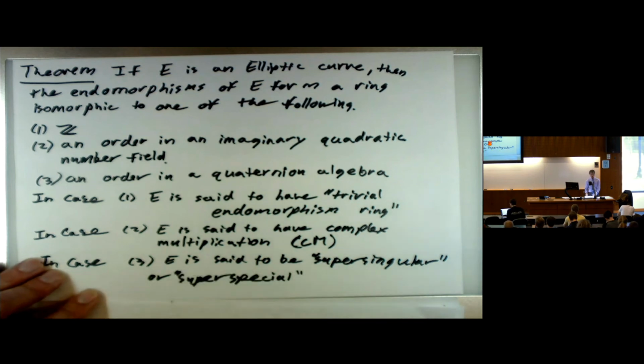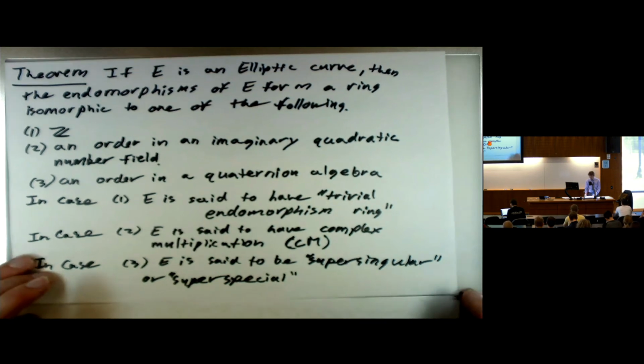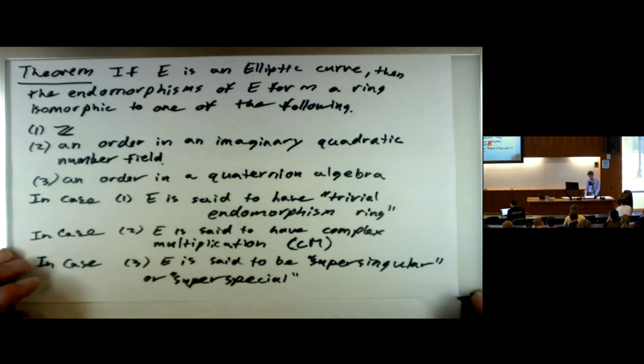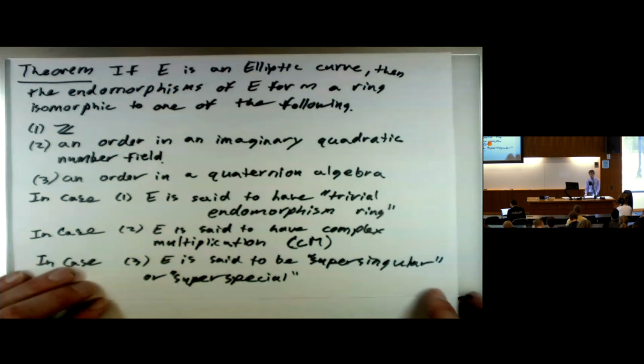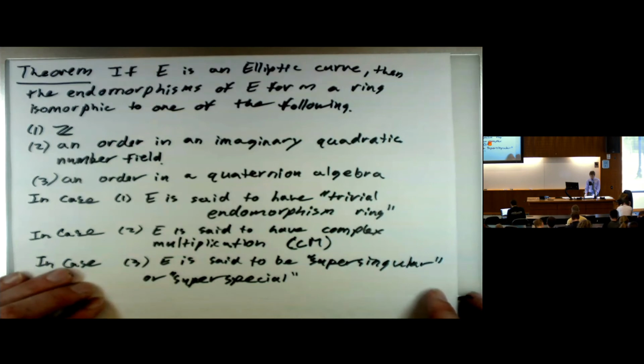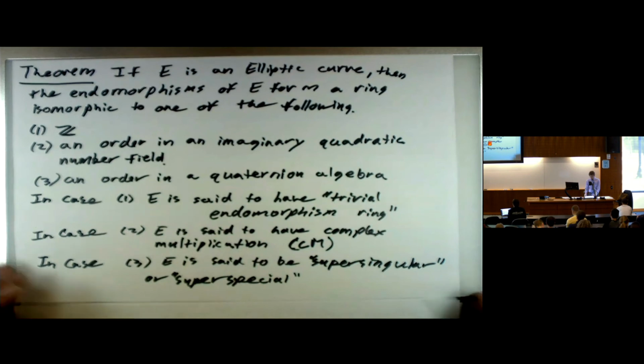Supersingular is the historical definition. And, you know, I understand that, but it can be misleading. And so in my notes anyway, I try to stick with superspecial, I hope for clarity.